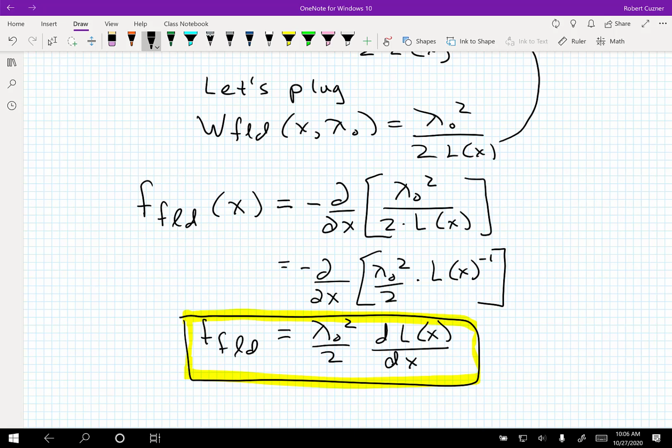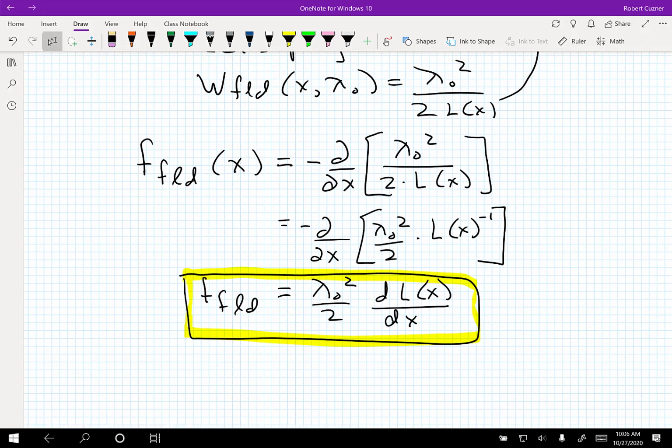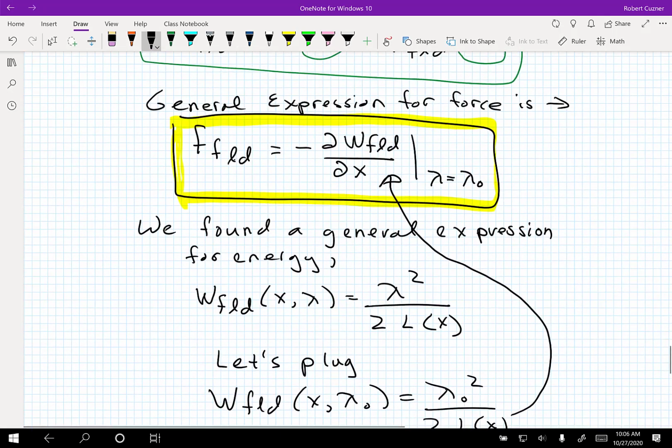And it's a general expression, right? So if you have L sub x, use this. If you have the energy, use this.